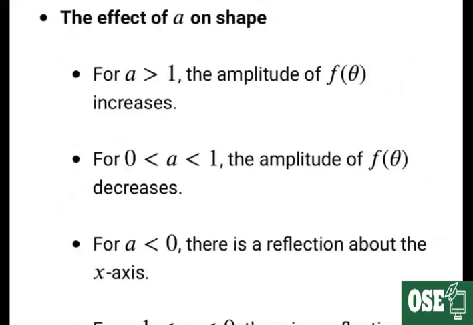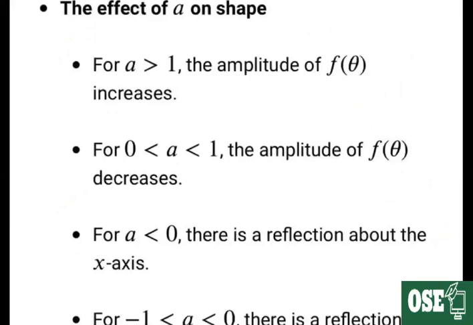Next, A affects the amplitude, either by stretching the graph or narrowing the graph. So it will change the amplitude. It will either go higher or lower depending on what A is. When A is positive, so greater than 1, the amplitude will increase.